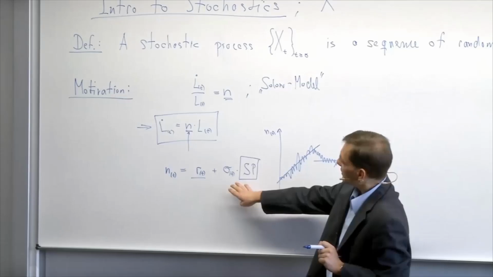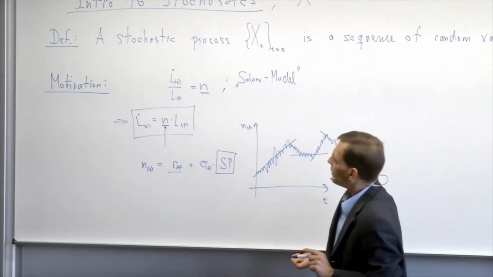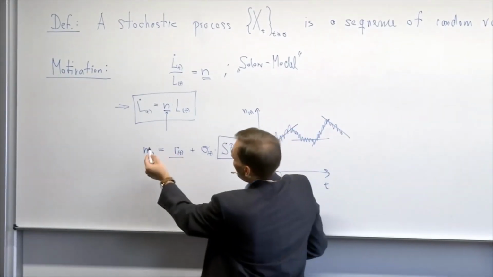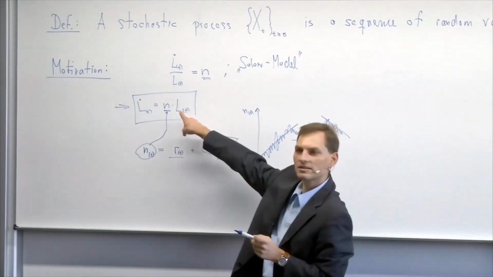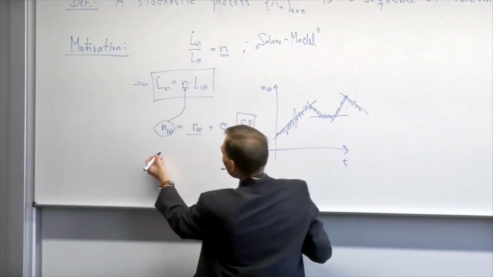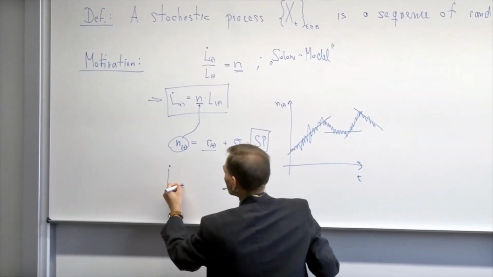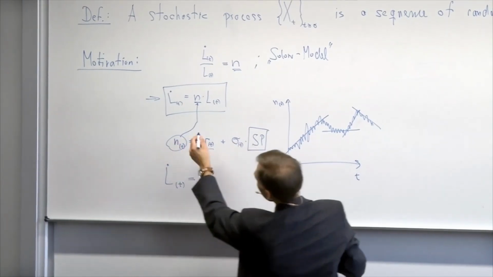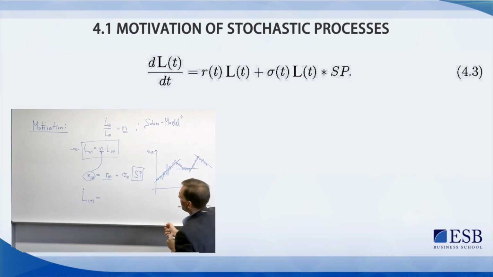So if we assume now that this n is dependent on time, what I do now, obviously, is substitute this n back into this equation. Why not? It's just a more realistic model then. So then we have L dot, dependent on t, is this equation.